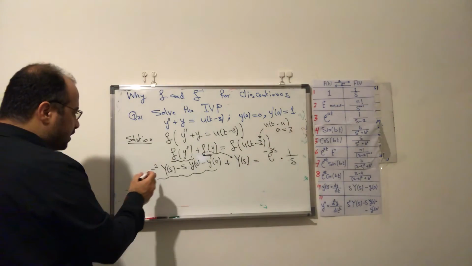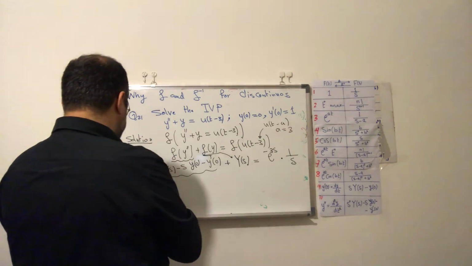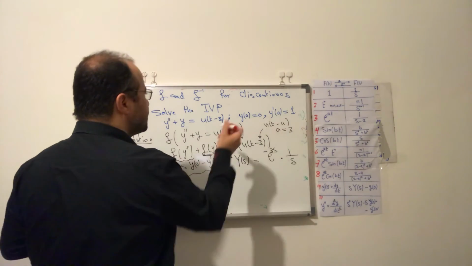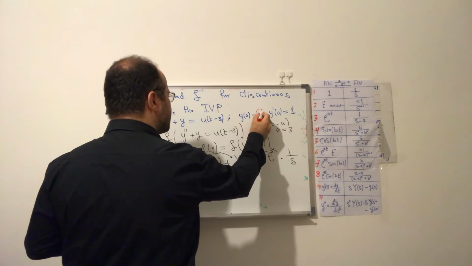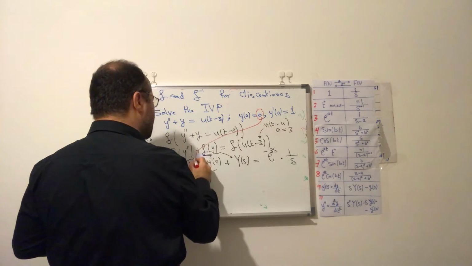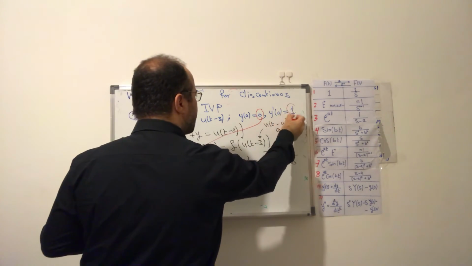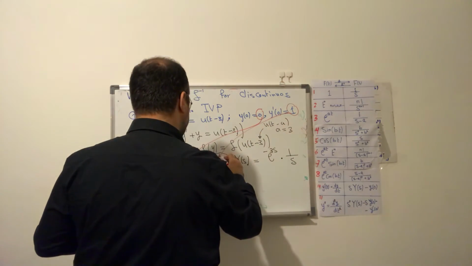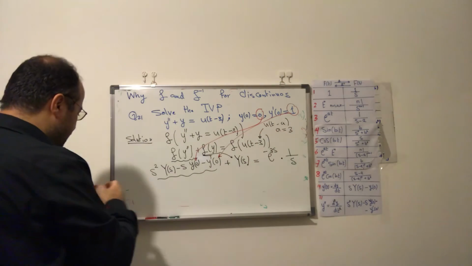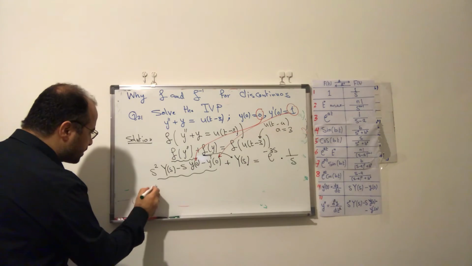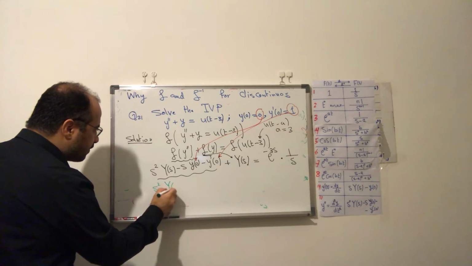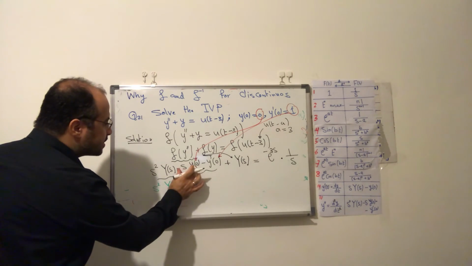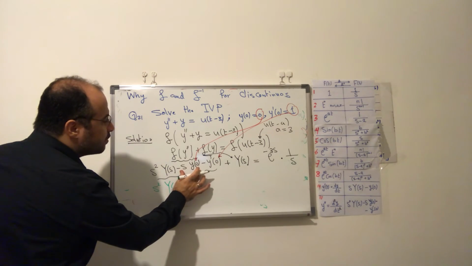Now let me go to the initial conditions. So the next step is to take the initial conditions and put them here in the new equation, right? Now what I get is s squared y big of s, minus this times 0, you get 0.